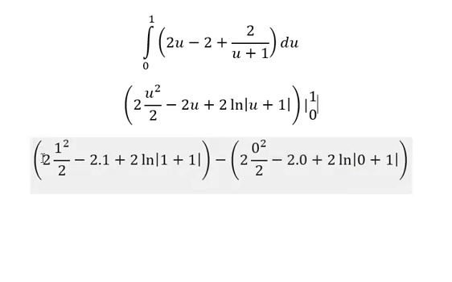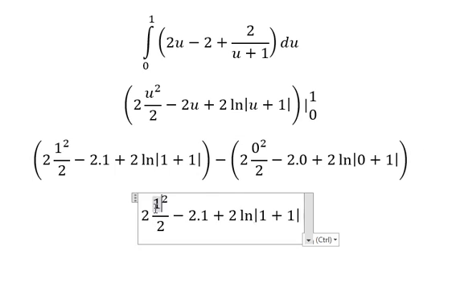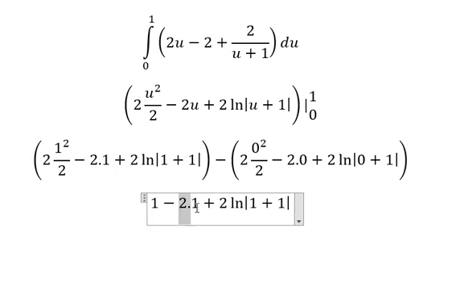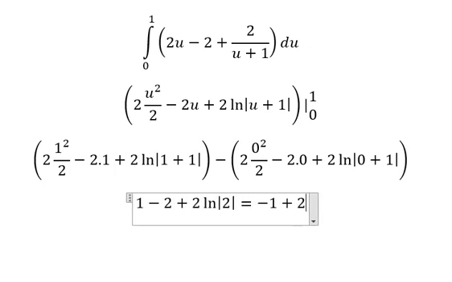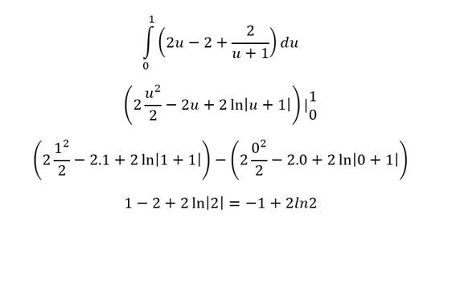So we just have this one left. So this one we have number 1, this one is number 2, this one is number 2. And we have negative number 1 plus 2 ln number 2. And this is the final answer.